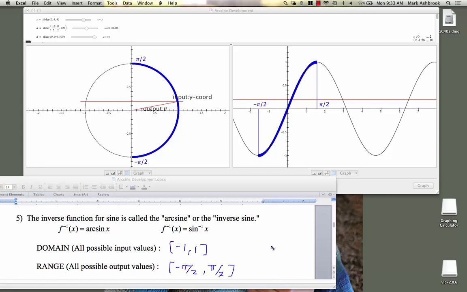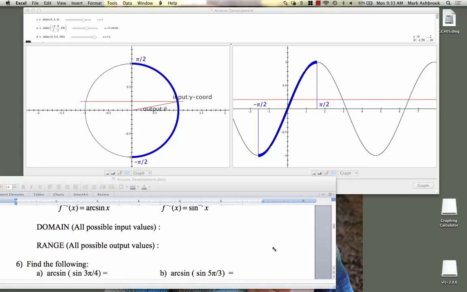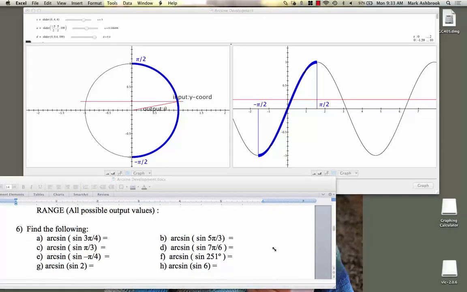We get many, many angles for the same vertical distance. To make it a function, we need just one angle for every vertical distance. And so by picking the range negative pi over 2 to pi over 2, we get just one angle hitting every possible vertical distance from -1 to 1. Does that make sense? It's really important. Okay, so now I got a bunch of practice problems here.